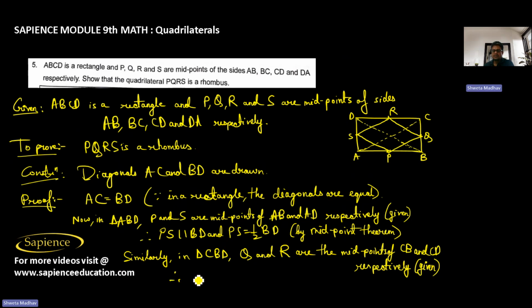So therefore, we can say that QR is parallel to BD and QR equals half of BD.